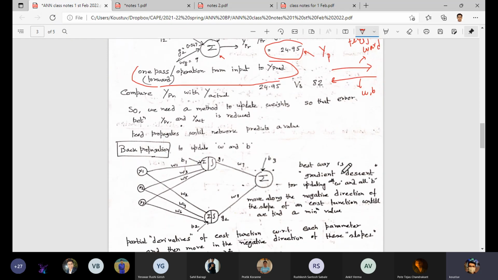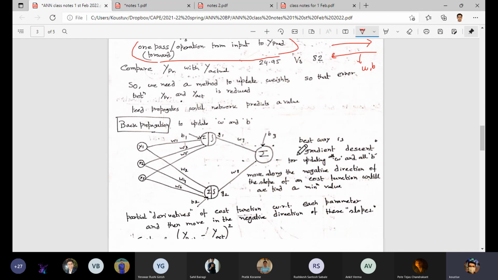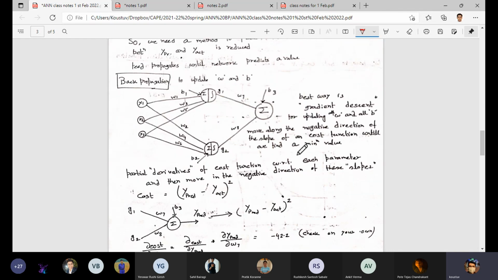So then we introduce a term called the cost function, or error function, or loss function. It has many names across the study material: cost function, error function or loss function.